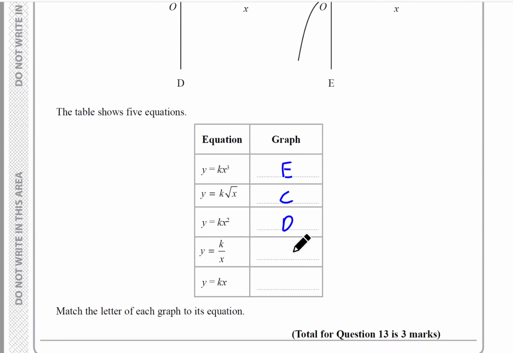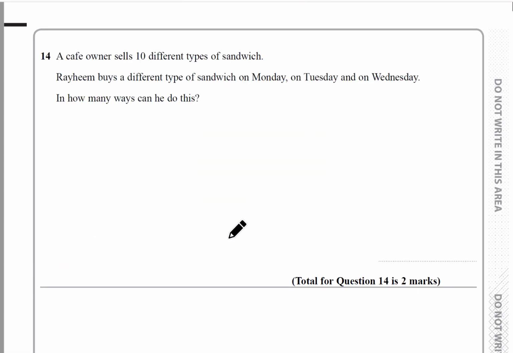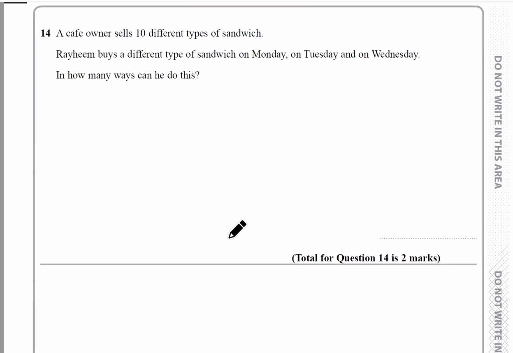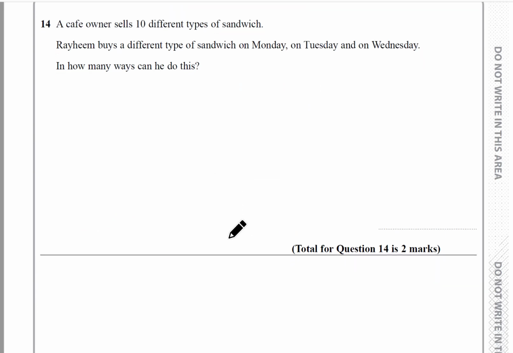So that's A. Linear graphs, we've got one letter left, but we know linear graphs are of the form 2x plus 5, etc., because that's the linear part. And that's an easy 3 marks, and so many people don't clean up the recognising graphs questions.